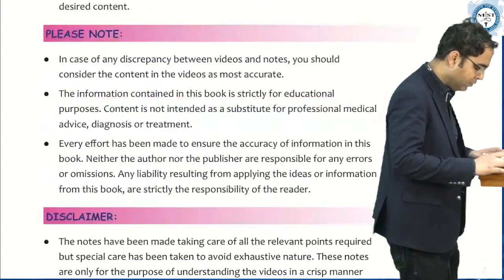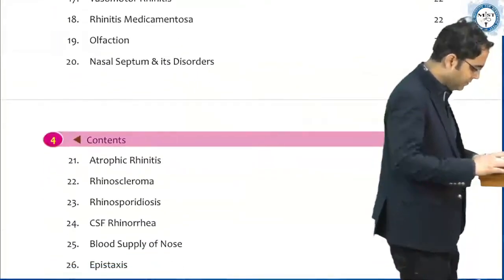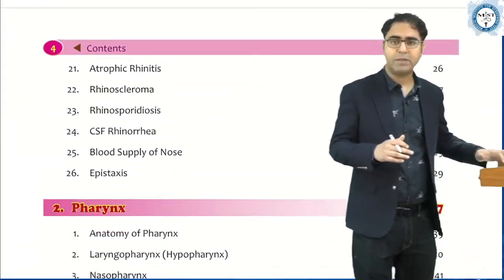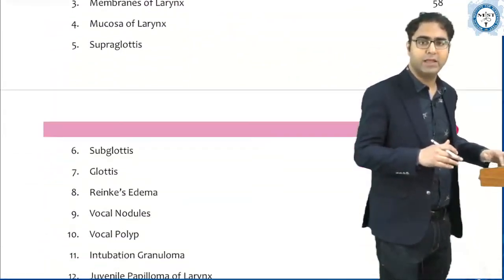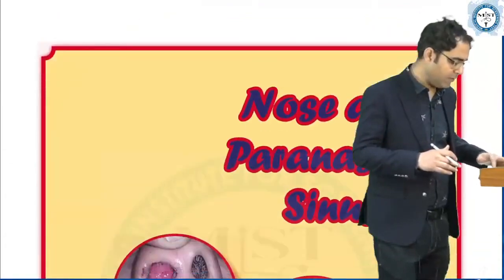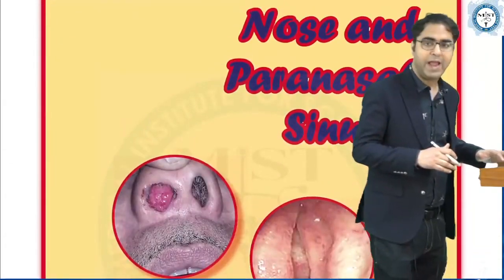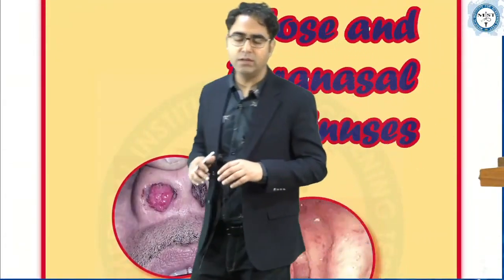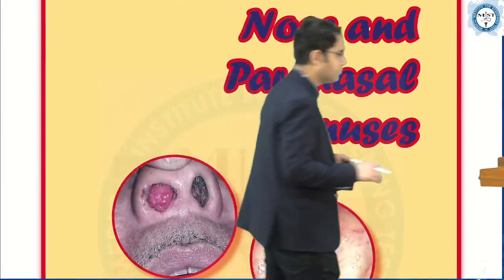After every major segment, there is one blank page left over. You can write any additional point over there, beta. Okay, let us start now. Nose and paranasal sinuses, PNS.